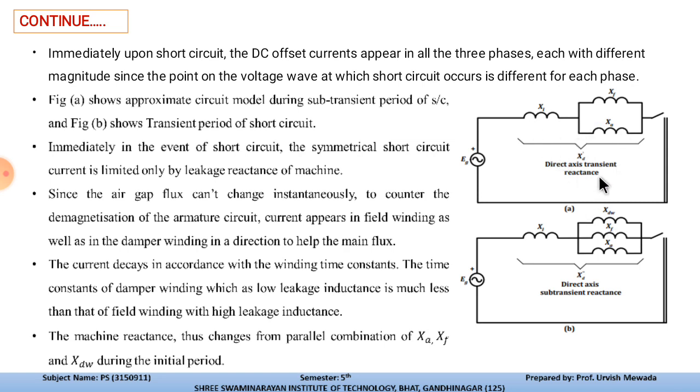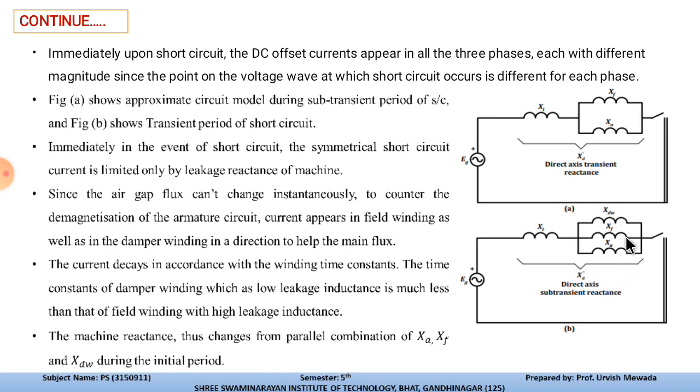So over here, at the time of the transient period of the short circuit, initially the direct axis transient reactance is a combination of leakage reactance, field reactance, and armature reactance. But once the damper winding appears in the picture, the damper winding assists in the decay, and the current decays in accordance with the winding time constant.